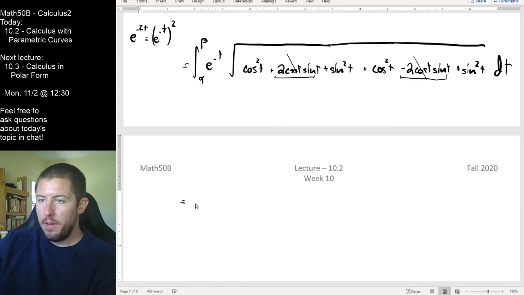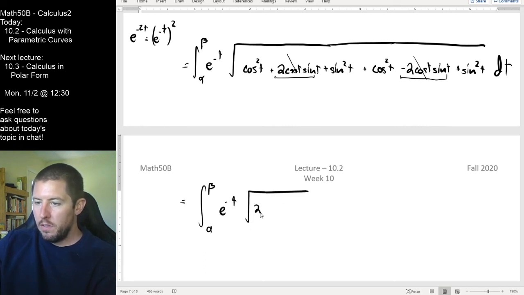So now where are we at? Integral alpha to beta of e to the negative t. I am really just looking at here 2 times cosine squared t plus sine squared t, right? I did a little bit of factoring right there, but I think that was an easy algebra step. I had 2 copies of cosine squared and 2 copies of sine squared, all added up.